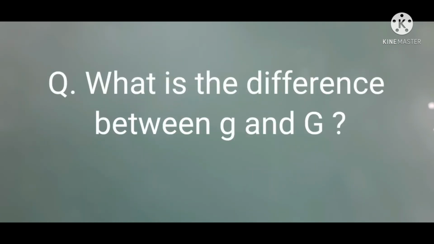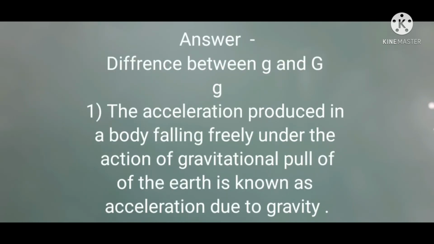Now next question. What is the difference between small g and capital G. Number 1. The acceleration produced in a body falling freely under the action of gravitational pull of the earth is known as acceleration due to gravity.